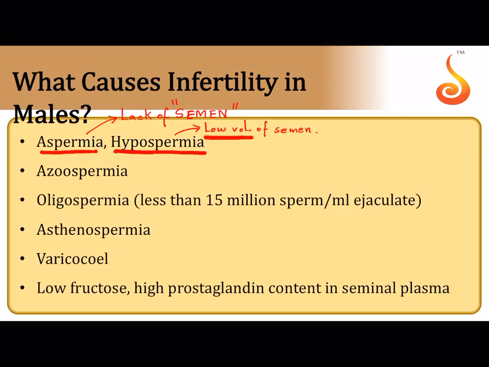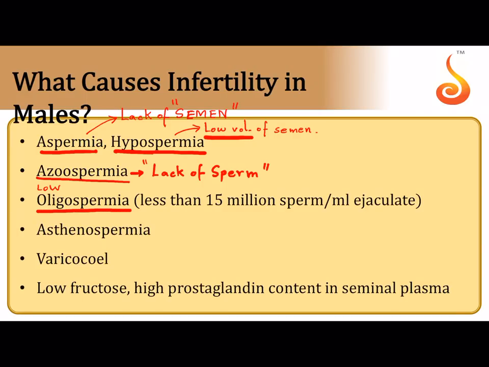Then sometimes there is production of semen, I mean the seminal plasma is ejaculated, but there is absolutely no sperm in the semen. See the difference. Aspermia was lack of semen, but azoospermia, I am writing it here, there is lack of sperm. Semen is produced, though I should not be calling it semen because there is no sperm in it. So there is only seminal plasma that is ejaculated by the male during coitus, but there is no sperm in it. So azoospermia, lack of sperm in the seminal plasma. Oligospermia is less number of sperm.